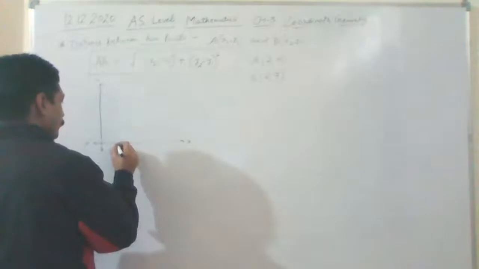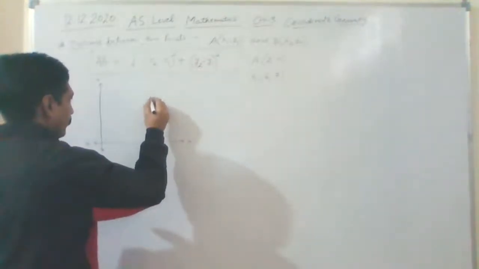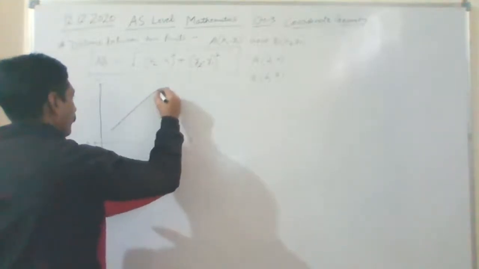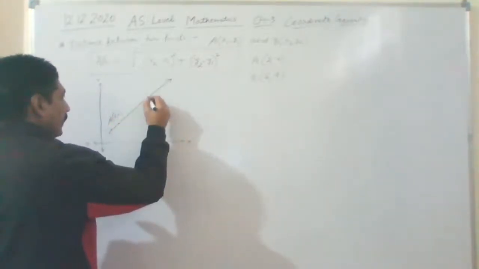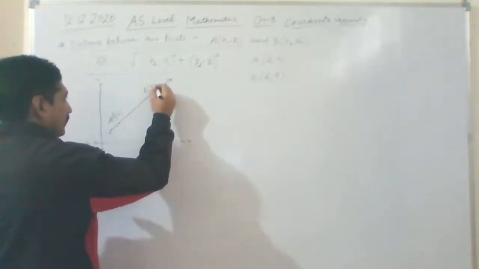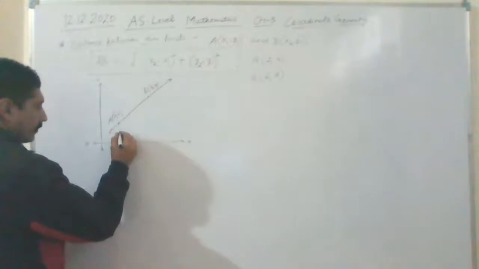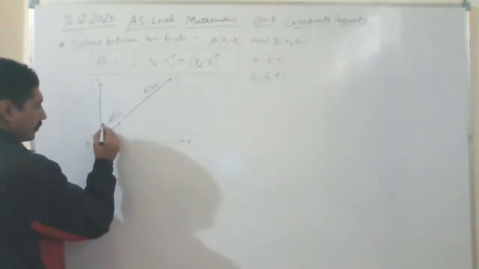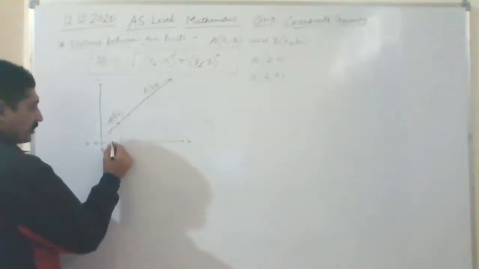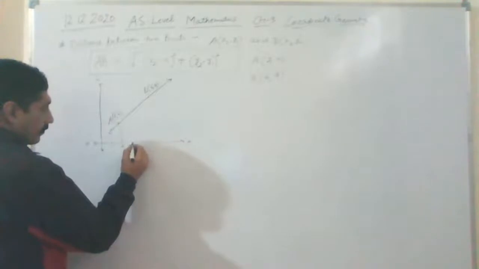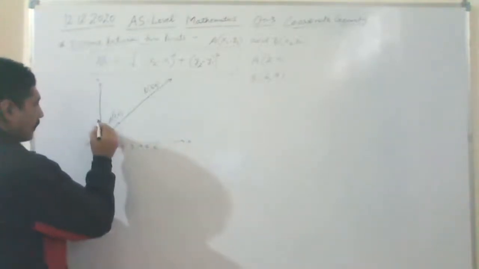One point is 2, 4 and B is the point 6, 7, and this is a line. Here, one is the abscissa and one is the ordinate. 2 units, 6, 4.